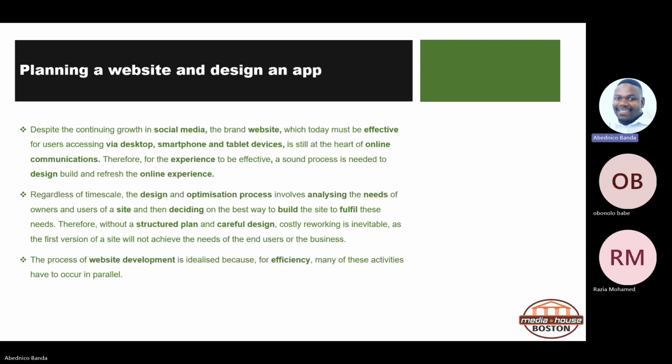Without a structured plan and careful design, costly reworking is inevitable, as the first version of a site will not achieve the needs of the end user or the business. The process of website development is idealized because, for efficiency, many of these activities have to occur in parallel.